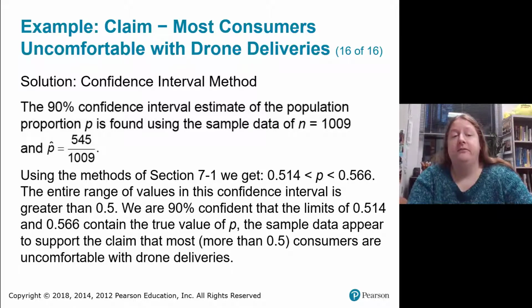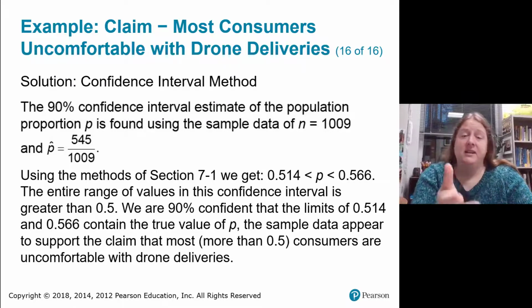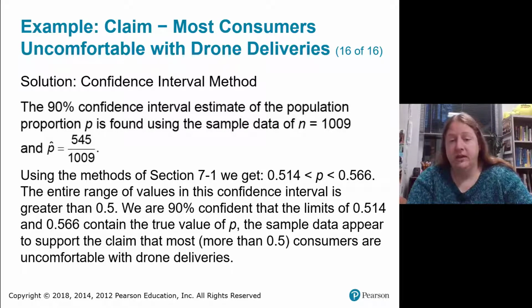So we have 545 divided by 1009. And we'll go back to what we did in section 7.1 when we were talking about confidence intervals for proportions. We go through that exact same process that we did there, and we find a confidence interval of 0.514 to 0.566.